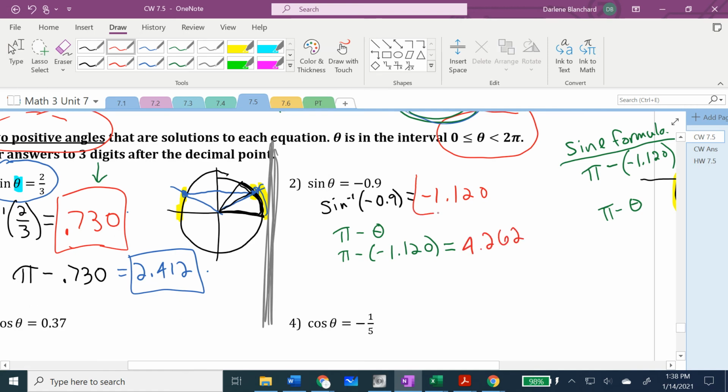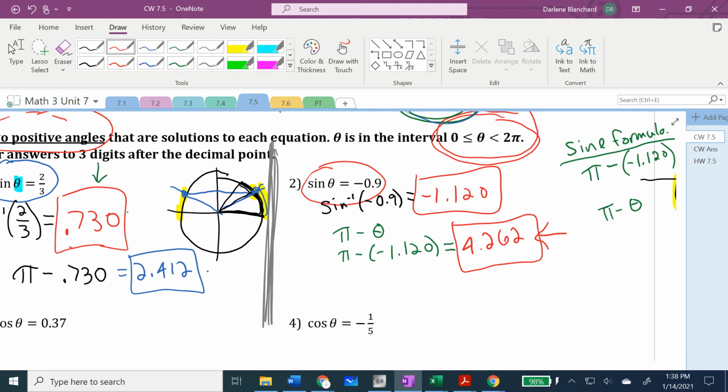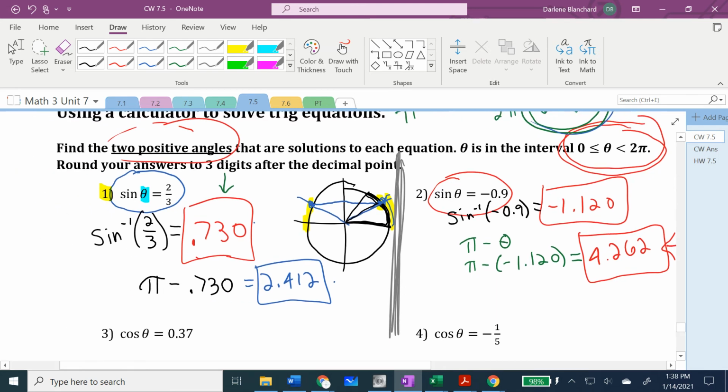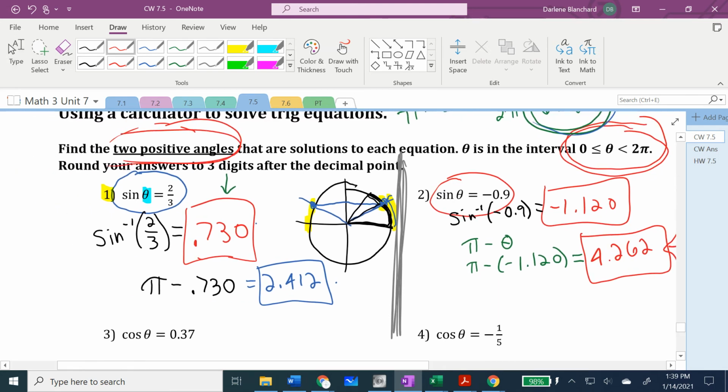Now, between the two numbers that I now know are angles that make this equation true, are both of them between 0 and 2 pi? This one is, but the original one I found isn't. So I need to do an extra step if my calculator is giving me a negative angle, to follow the directions of find the two positive angles.